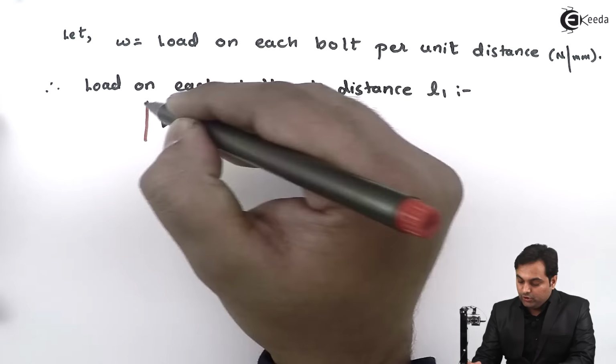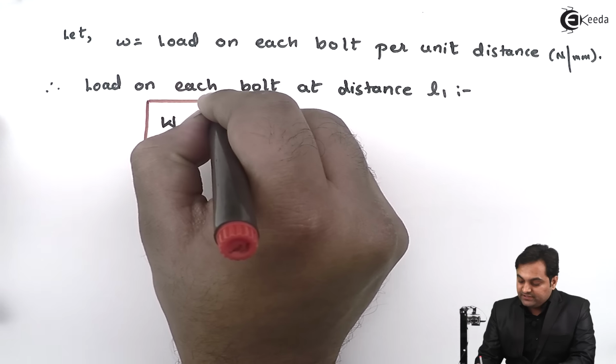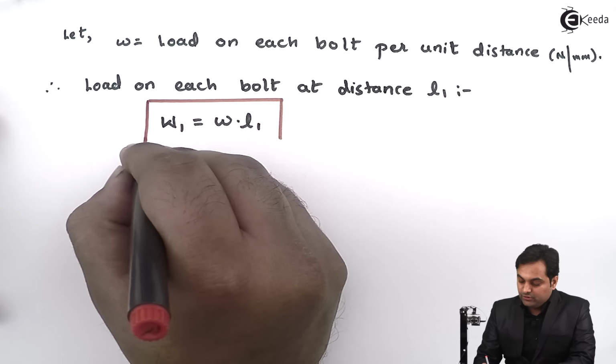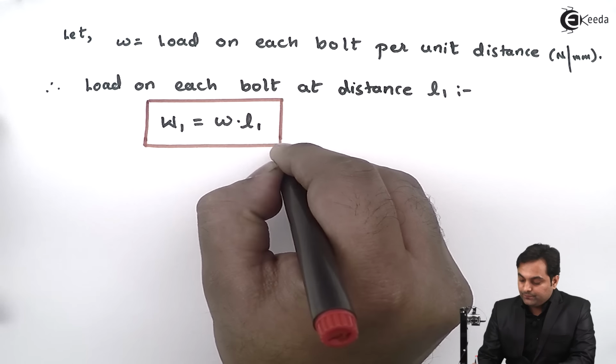This much is the load on bolts at center line 1, and this is the load on one bolt.